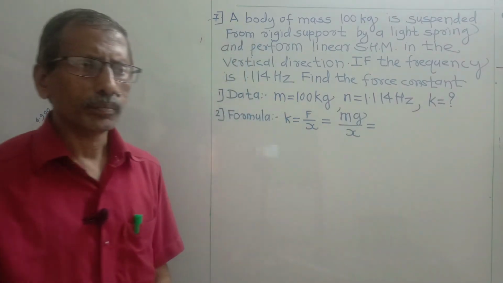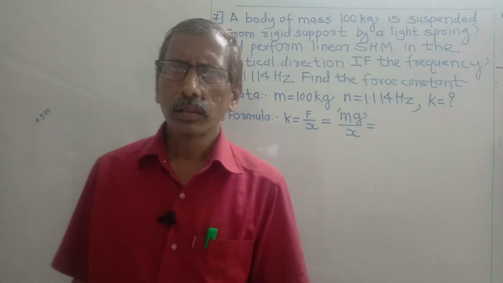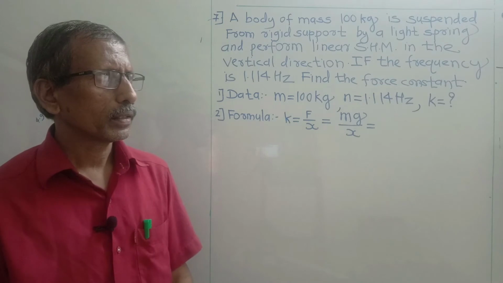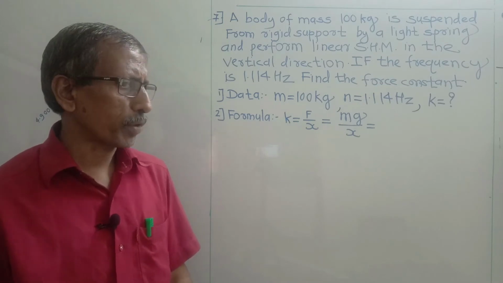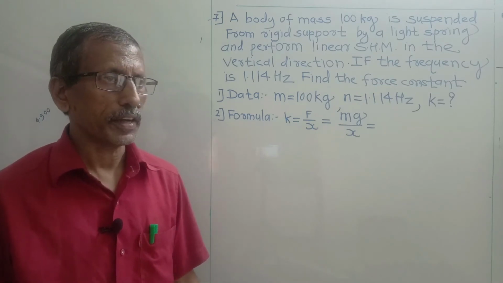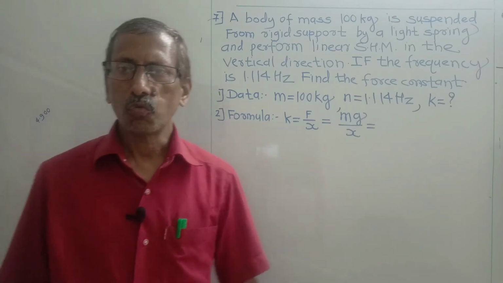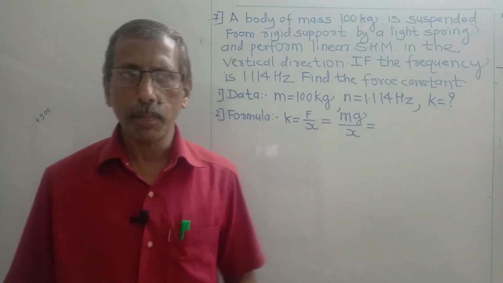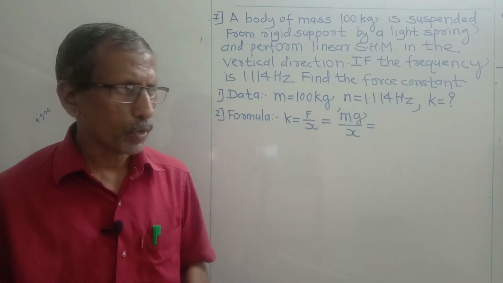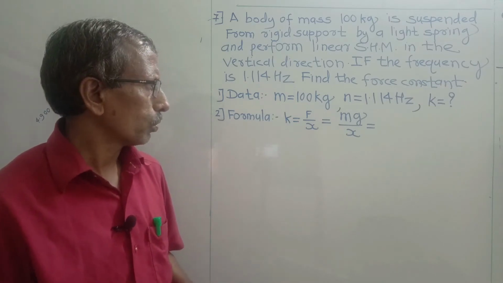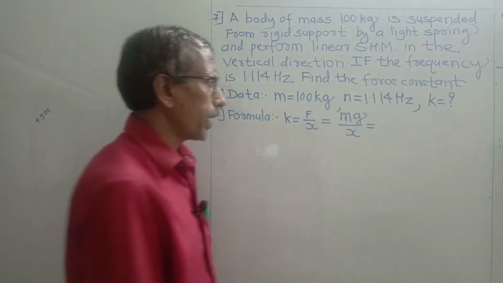Again we studied that to find k, we take the reference of the differential equation. In the differential equation, we put the value of k by m is equal to omega square. So k is equal to m omega square.